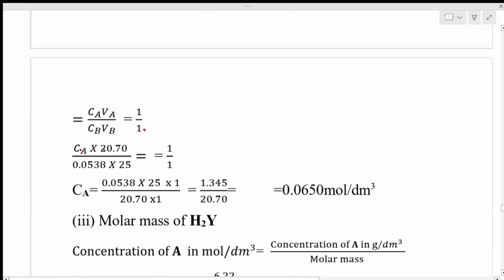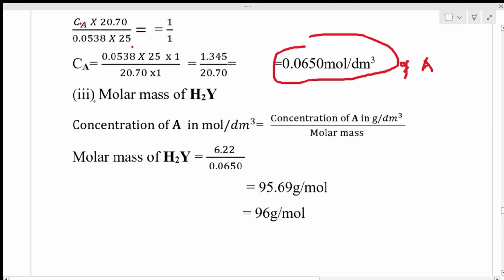Substitute: concentration of A is 20.70 divided by 0.0538 multiplied by 25, everything giving us 0.0650 of A. Now, molar mass of H2Y, which is our A. Remember, you are given the value of A in gram per dm³ as 6.22, and the value in mole per dm³ is 0.0650.